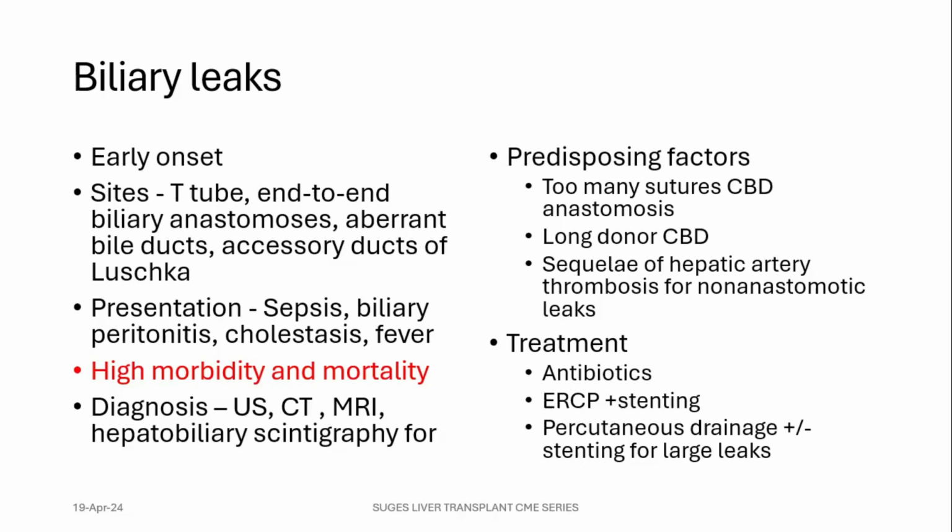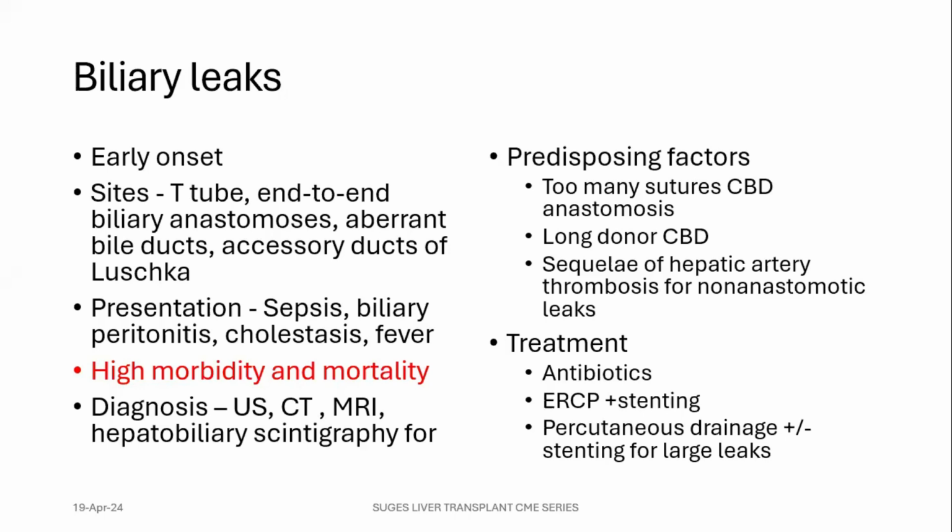If there's a long donor CBD, sometimes these may twist or may pull and end up giving you a leak. This can also occur as a sequela of hepatic artery thrombosis for the non-anastomotic leaks. As I mentioned earlier, you may get strictures, but also with ischemia, you may end up having other ducts opening out and giving you leaks.